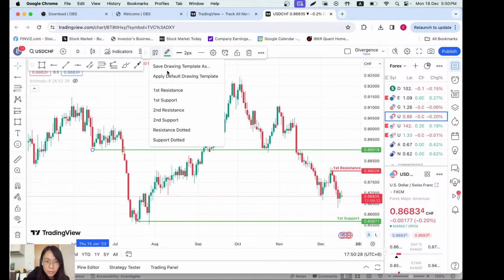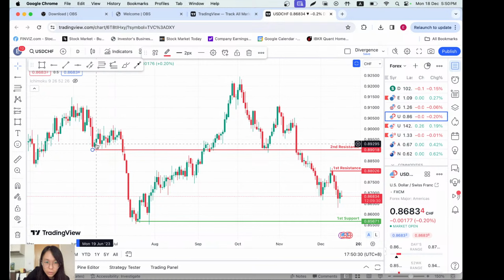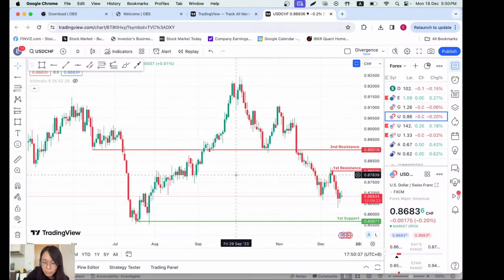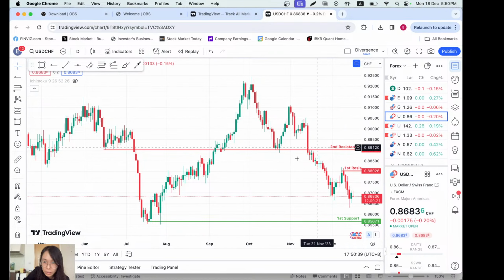Okay, for my second resistance, I'll capture the swing low, and also here. A nice pullback here, and price bounces off the second resistance.